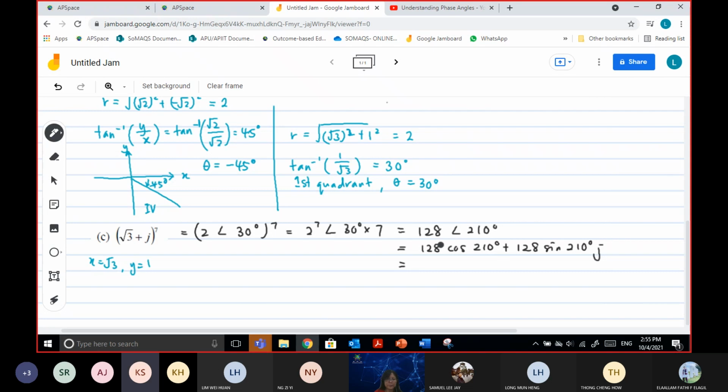The first one is negative 113.14. Negative 113. Is it correct? Negative 113? Oh, wait, my calculator is in radian.